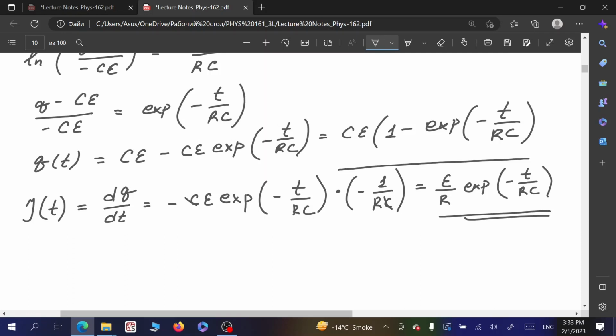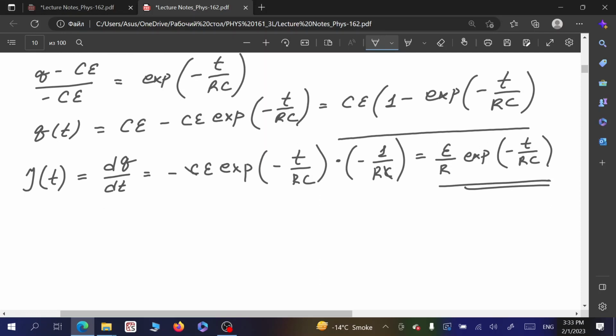So this product here of resistance and capacitance actually is a very important parameter. So the RC product, that is tau, is the characteristic time of an RC electric circuit.